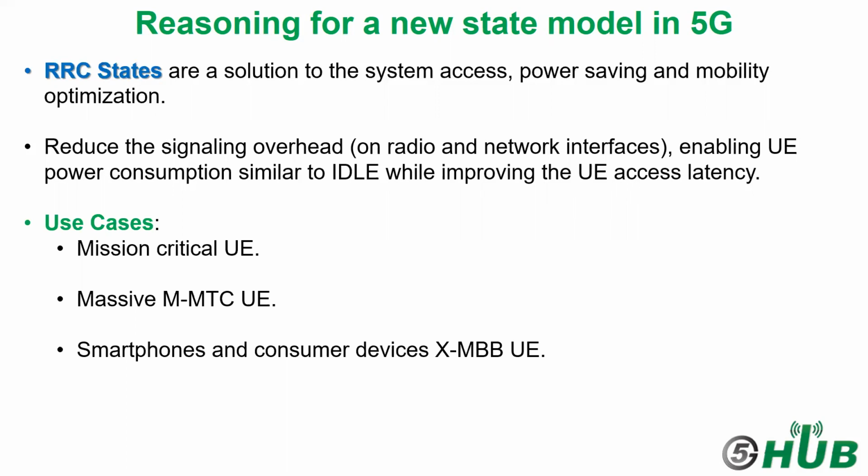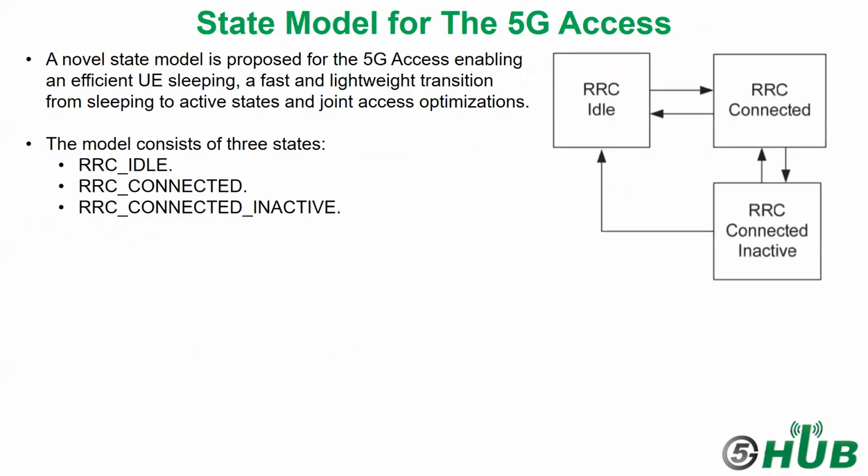Also, they are in connected mode and transmit uplink data with a small payload to the network. And finally, smartphones and consumer devices, enhanced mobile broadband user equipment that have periodic uplink and or downlink small packet transmission and extreme data rates.